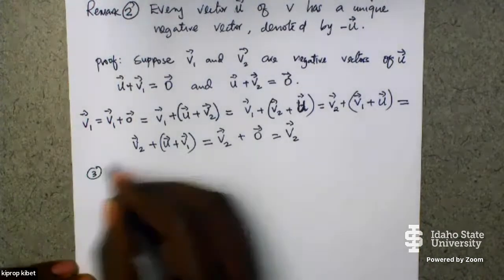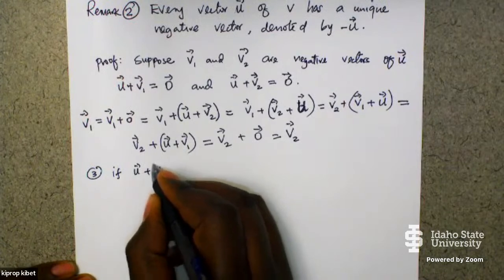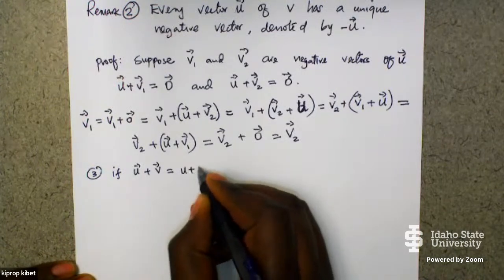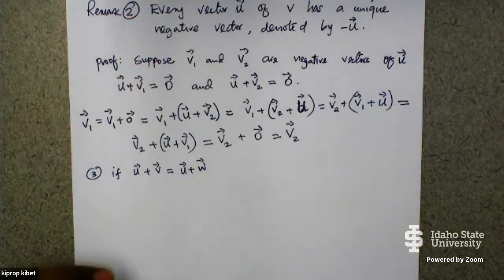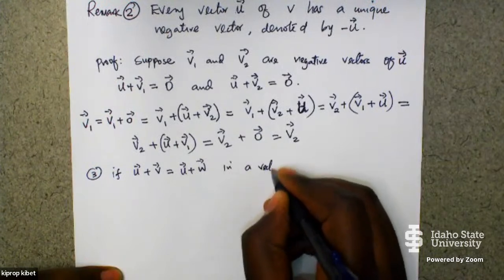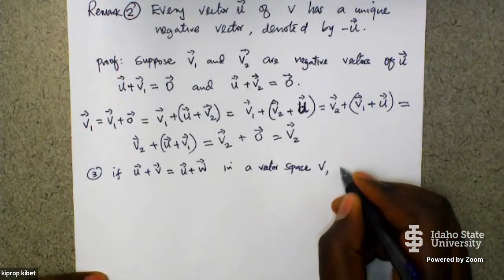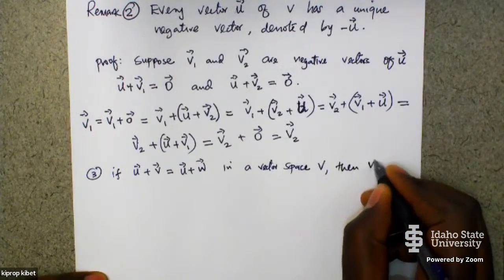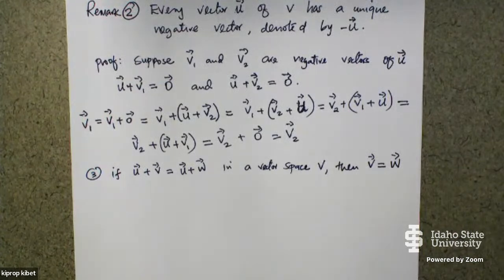Remark number 3: if U plus V is equal to U plus W, in a vector space V, then V is equal to W. So we can use the cancellation law to see that.